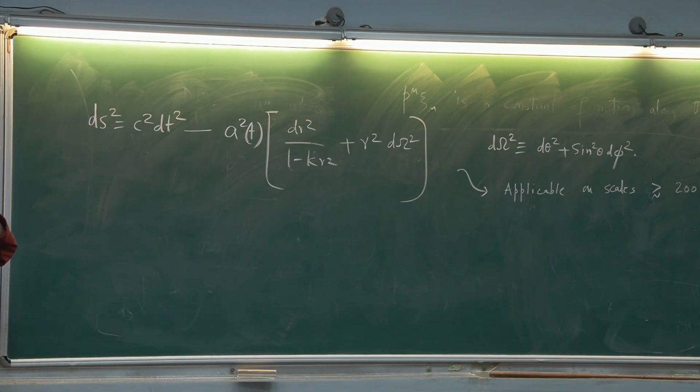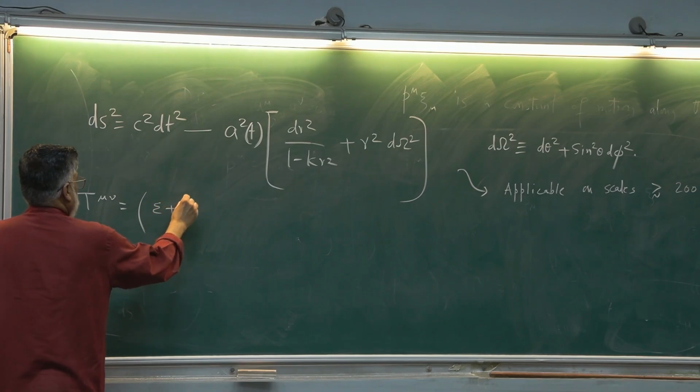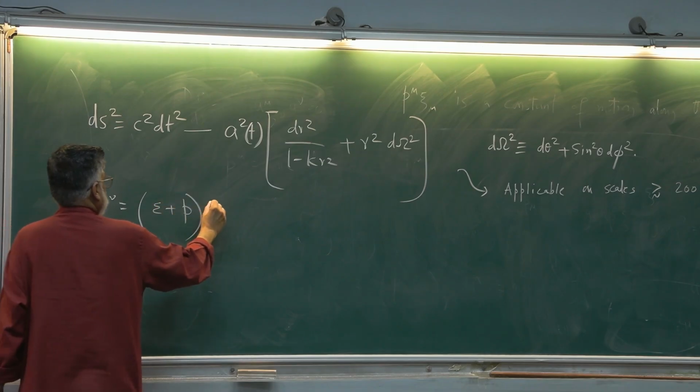Assume matter is distributed on such scales in a homogeneous and isotropic fashion, and then the matter is described by a perfect fluid, with T mu nu for a perfect fluid, the energy momentum tensor, being as follows.